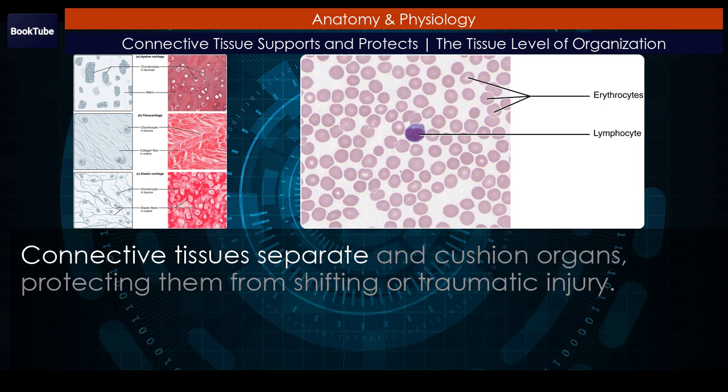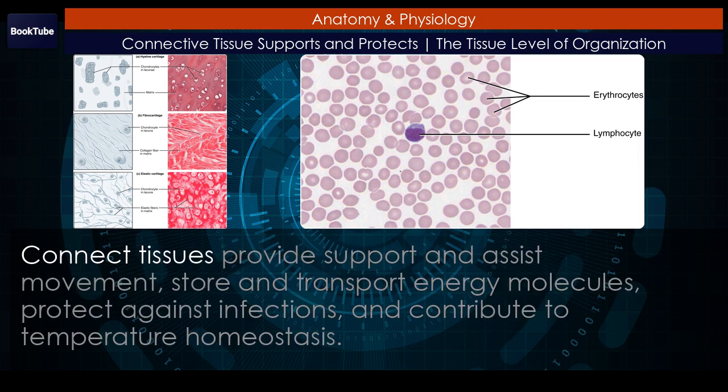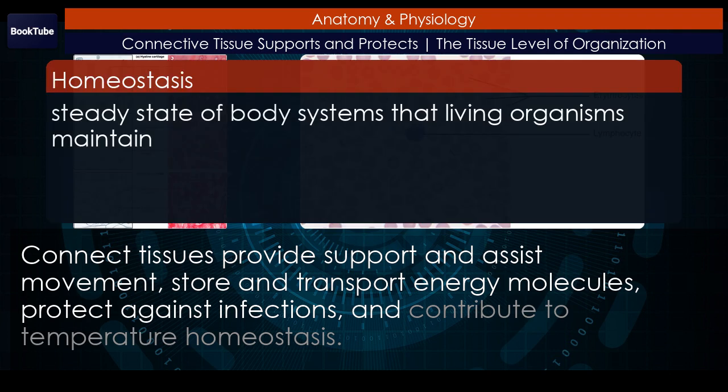Connective tissues separate and cushion organs, protecting them from shifting or traumatic injury. Connective tissues provide support and assist movement, store and transport energy molecules, protect against infections, and contribute to temperature homeostasis.